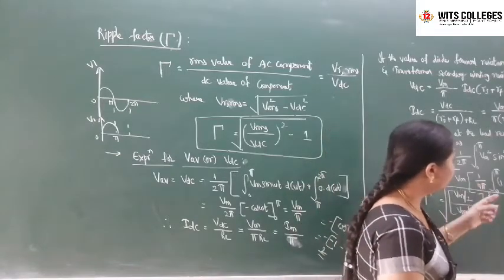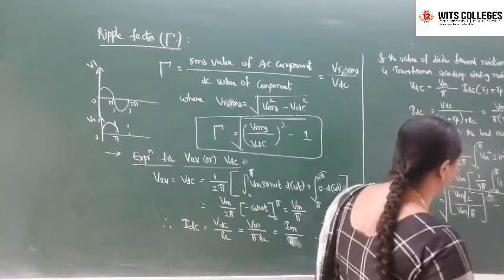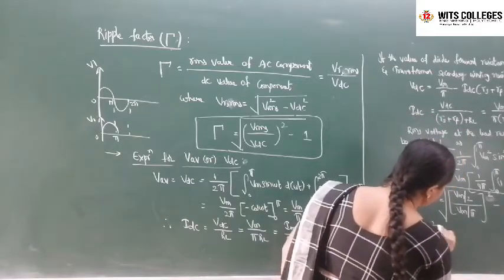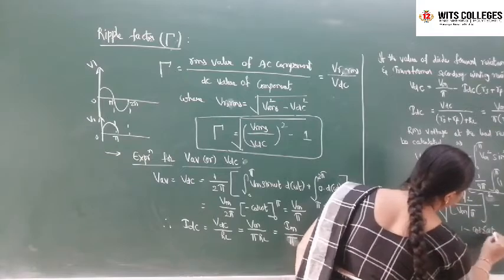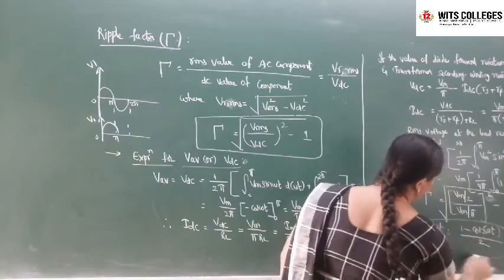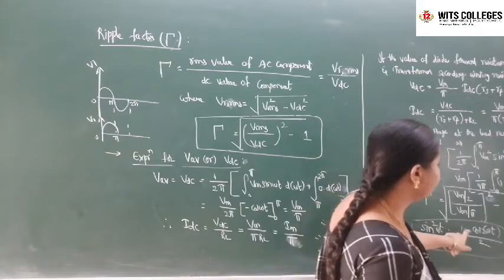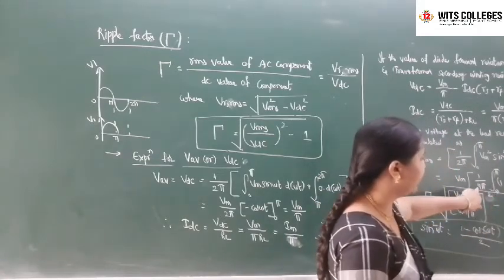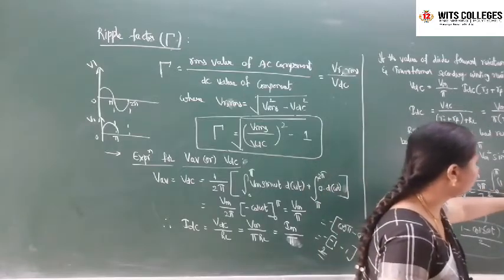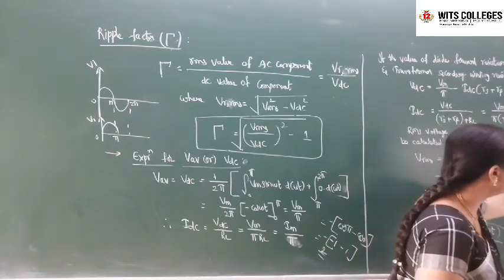Here sin square omega t, you can write it as sin square omega t equal to 1 minus cos 2 omega t by 2. This is the equation for sin square omega t. Since there is a 2 in the denominator, you can write here 4 pi, 1 minus cos 2 omega t into d omega t, whole to power of 1 by 2.